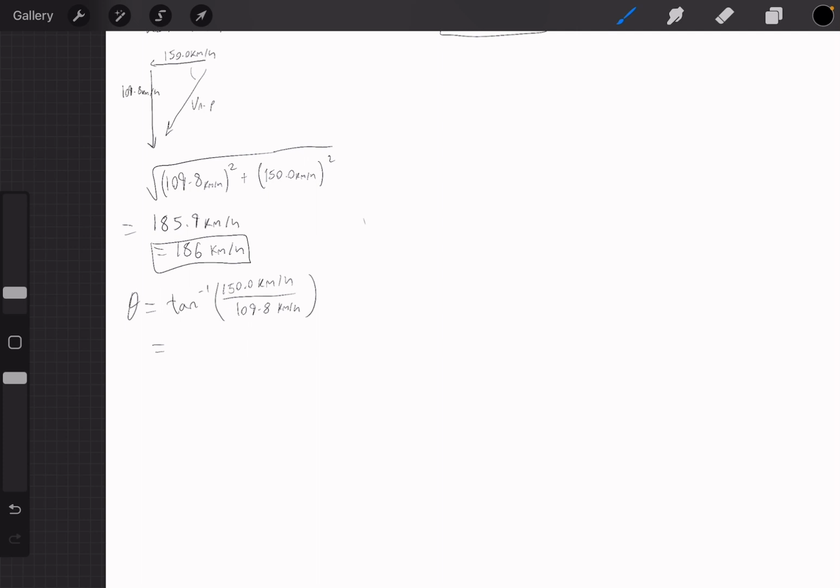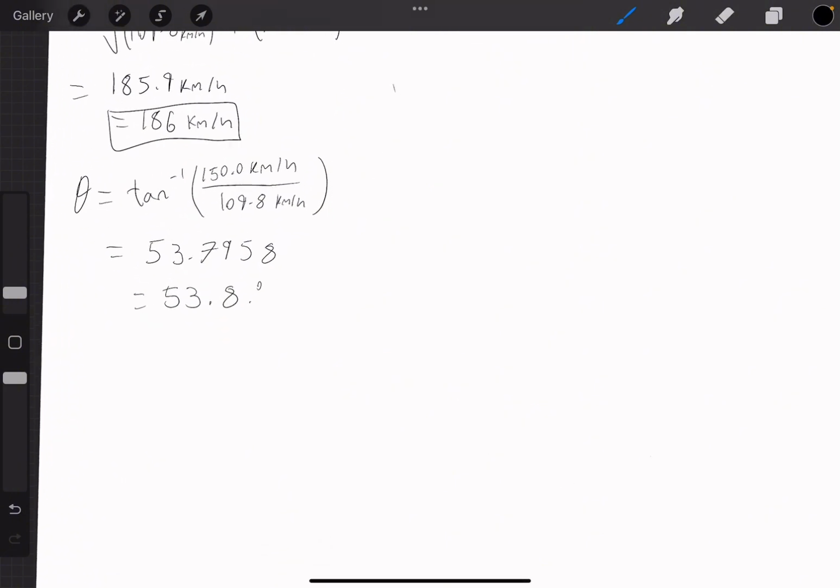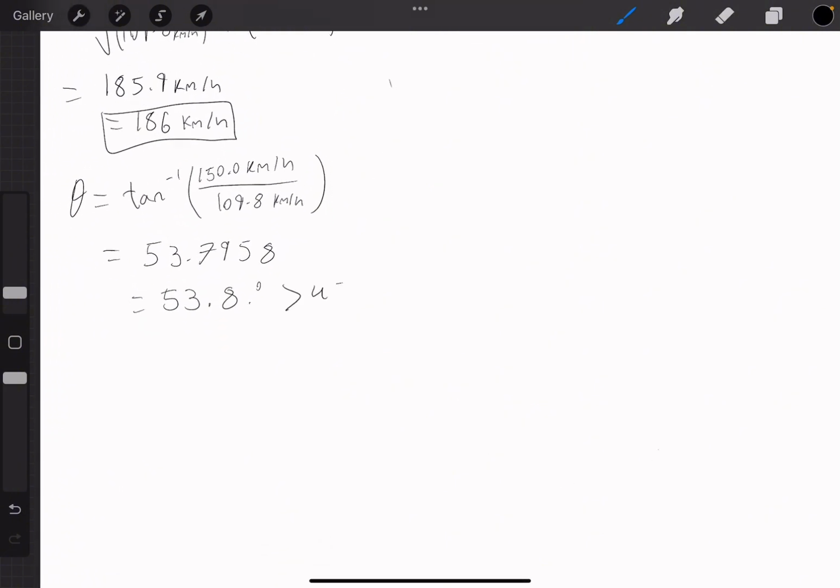Okay, 53.798, or 53.8 degrees. Since this is greater than 45, I'm going to inverse it through 90 to get a value of 36.2 degrees.